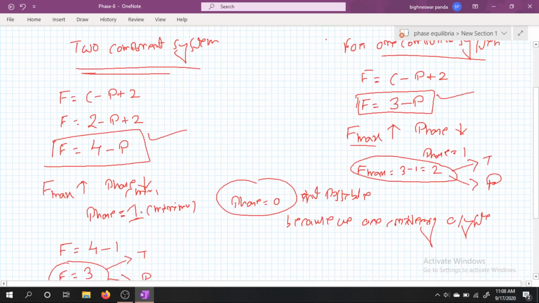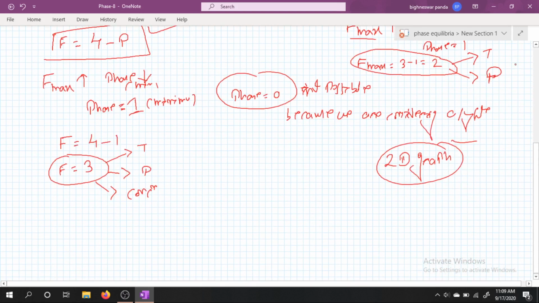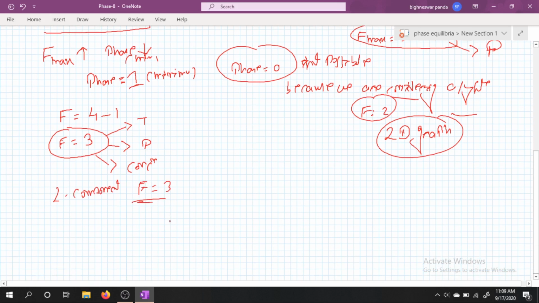While for the one component system we studied a 2D graph since the degree of freedom is equal to 2, for a two component system F is equal to 3, so here we have to study a 3D graph.